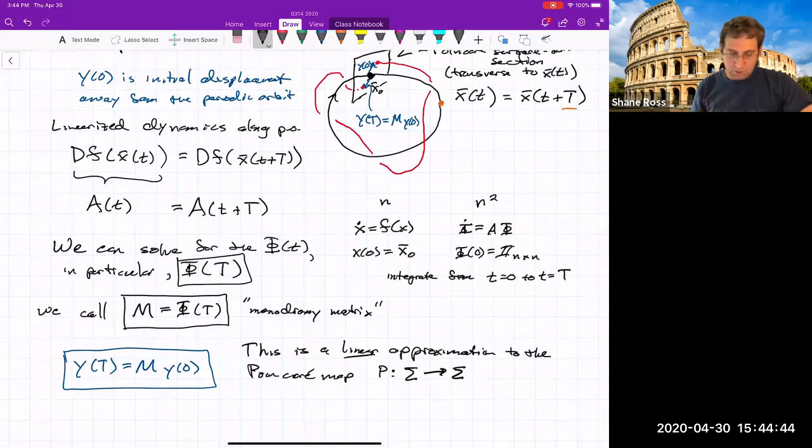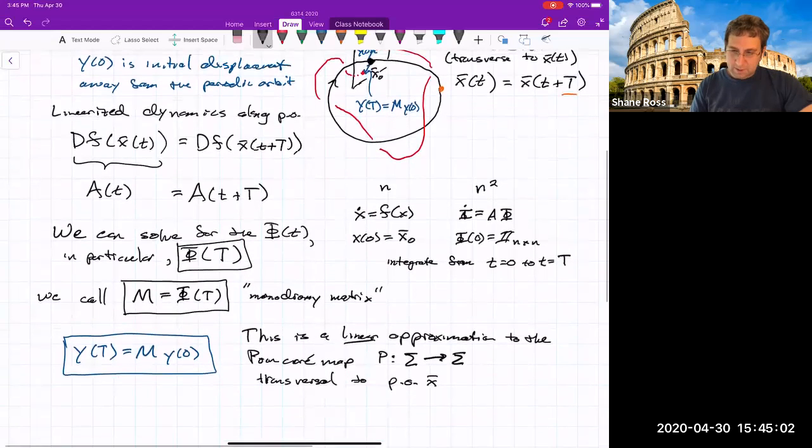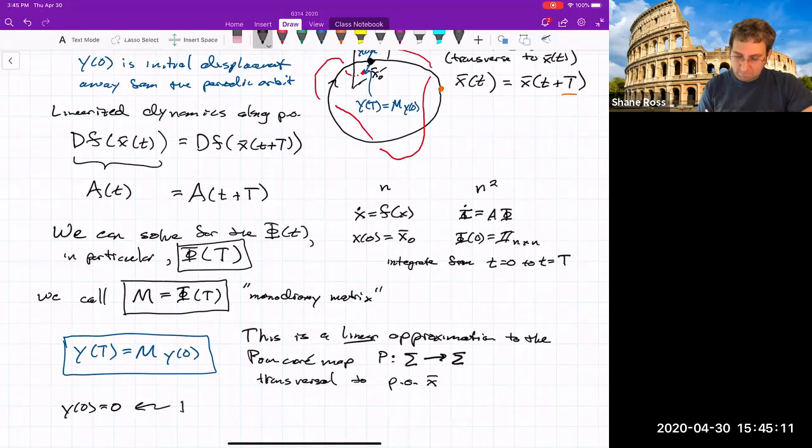Linear approximation to the Poincaré map that's transversal to the periodic orbit x bar. Okay. And so y0 equals 0. If you have 0 displacement, that means the periodic orbit. This is the periodic orbit itself.